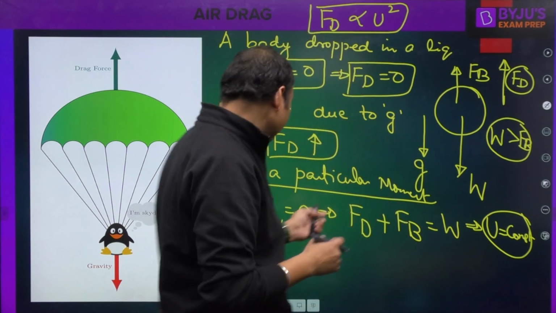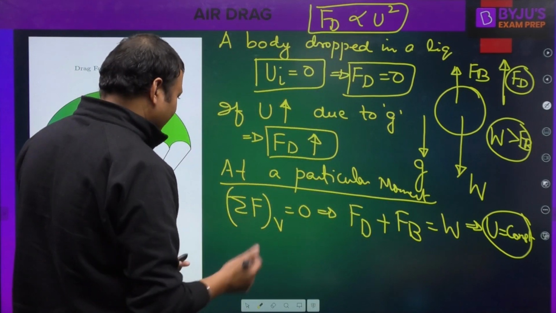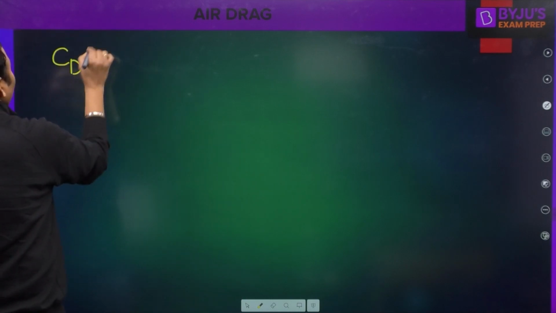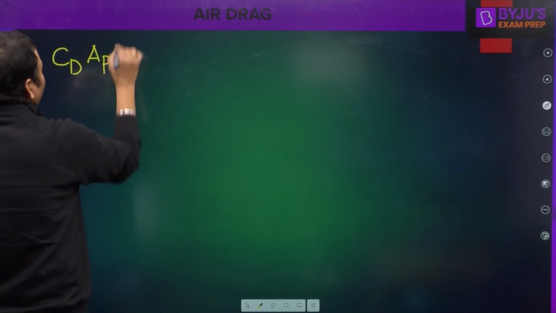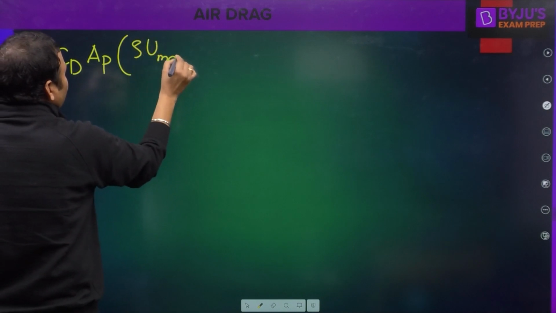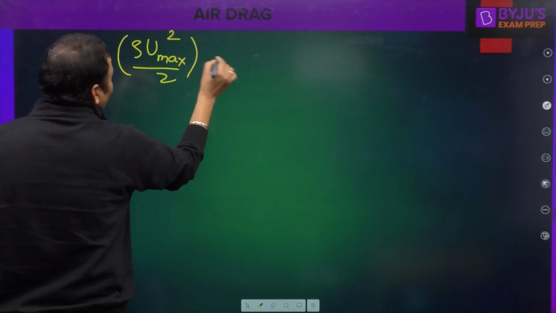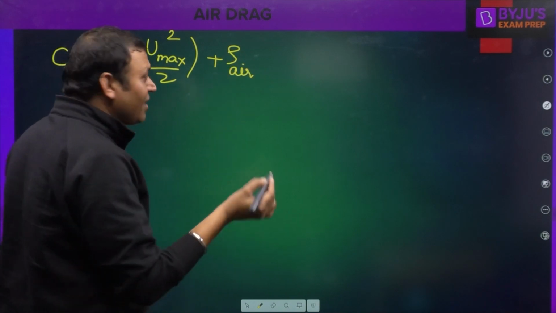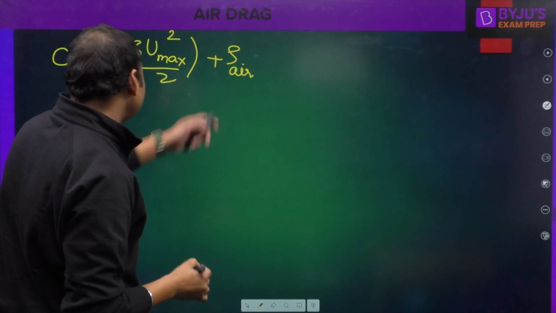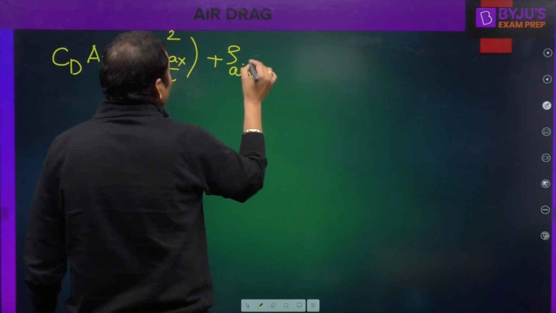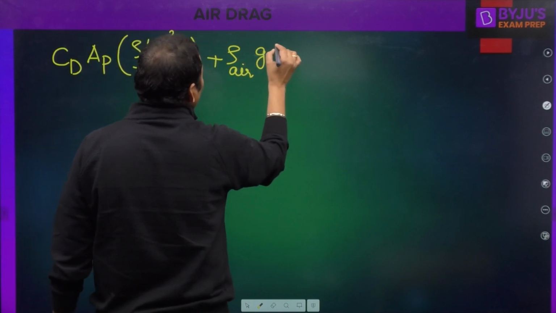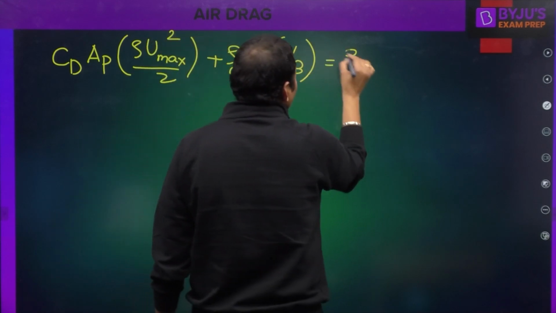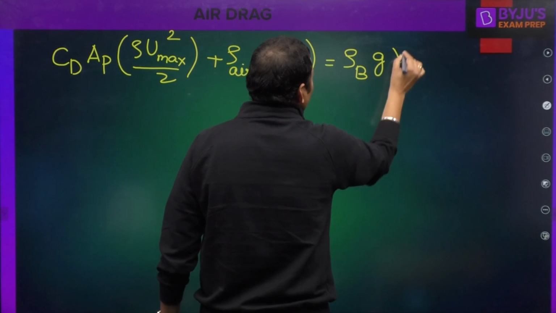All right. So we can easily find out from this expression: CD into projected area of the body into rho into u maximum square by 2, plus the buoyant force, which is due to the air, so rho of air into g into volume of the fluid displaced, which is equal to the volume of the body, is equal to the weight of the body, that is density of the body into g into volume of the body.